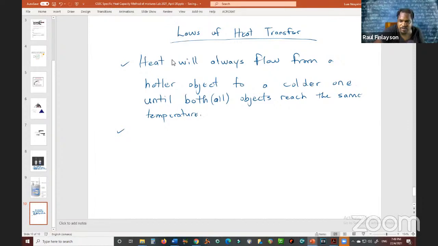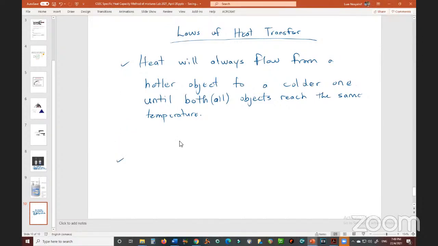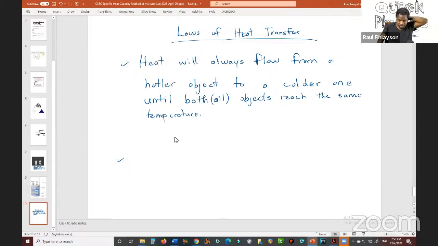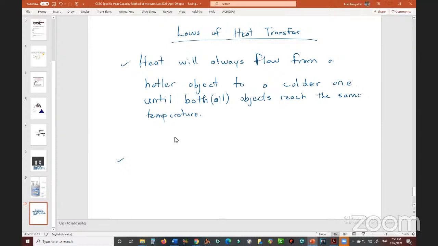All right. Has anybody seen this law before? Yes, sir. No? Yes, sir. You've seen it? All right, Chante. Well done. All right. So that's the principle here.